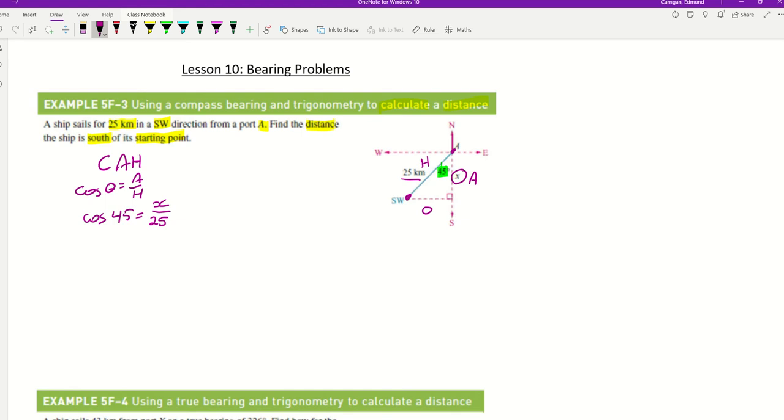Now we're trying to find X. X is on top. So when we rearrange that, we get X is equal to 25 cos 45 degrees.